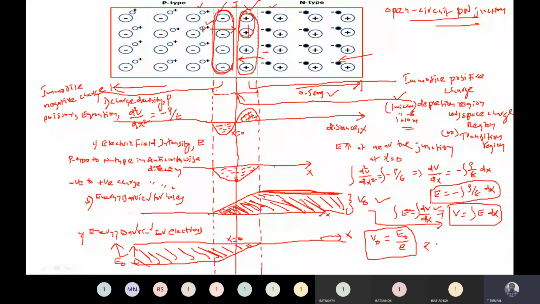Or you can write V naught is equal to E naught divided by Q, which is the charge. Q is also charge and E is also charge. These are very important topics. Please concentrate here so that you gain knowledge and can score good marks in every competitive exam.